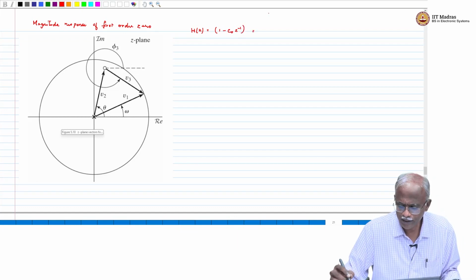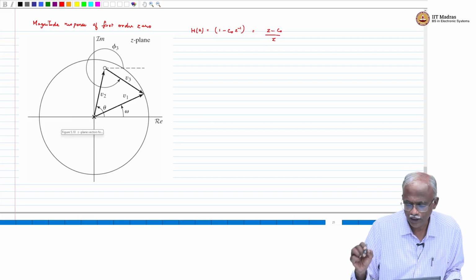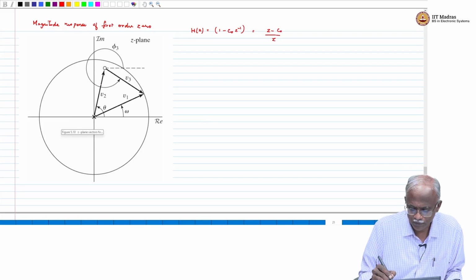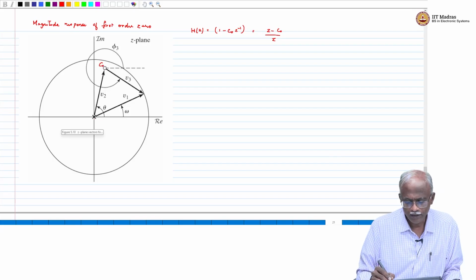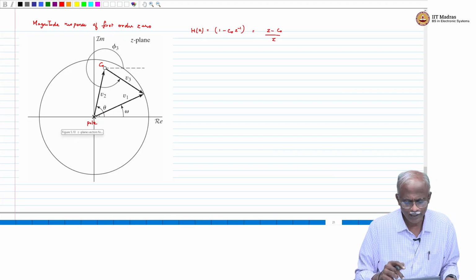Okay, so this can be written as Z minus C naught divided by Z. And basically this tells us that there is a 0 located, and let us say that this is C naught and this is the pole. So this is the pole at origin, and that is the 0 that we are interested in.